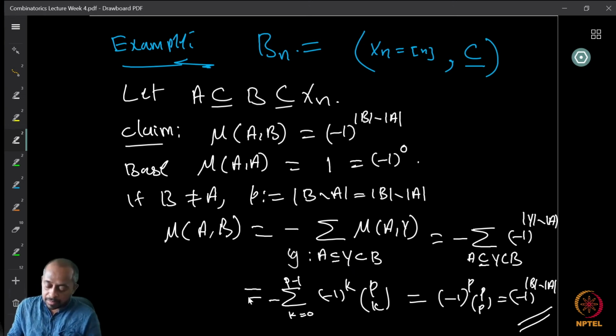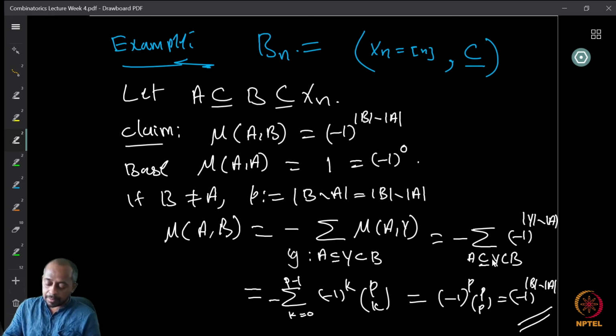So now what is this? We are looking at the subsets y, and instead of counting over this y, we can also count with respect to the cardinality. So what is the cardinality of y?